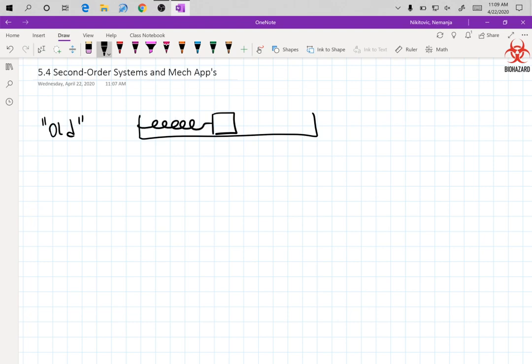There's a spring with a constant k, there's a mass m, and the dashpot there, which gave us a c. And we had the distance x that we worried about. So we had mx double prime plus cx prime plus kx equals some forcing term f of t. So that's what was old.